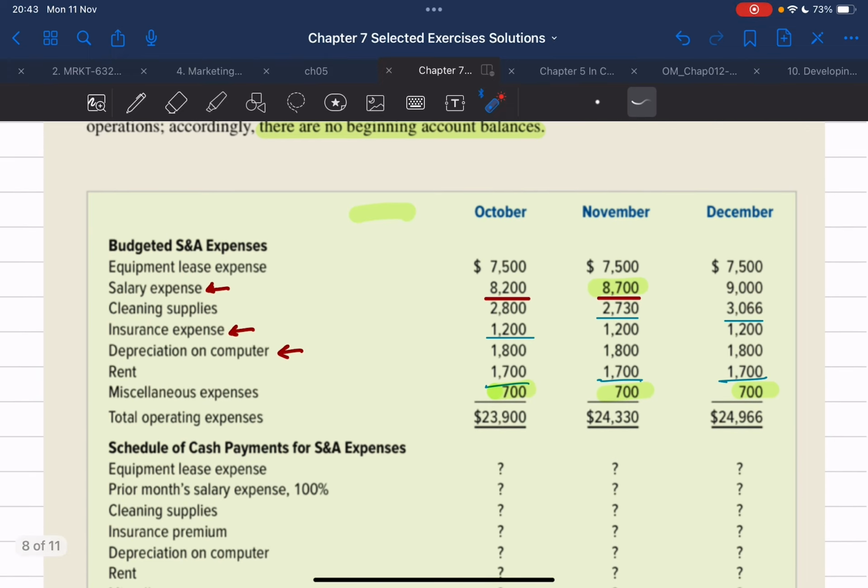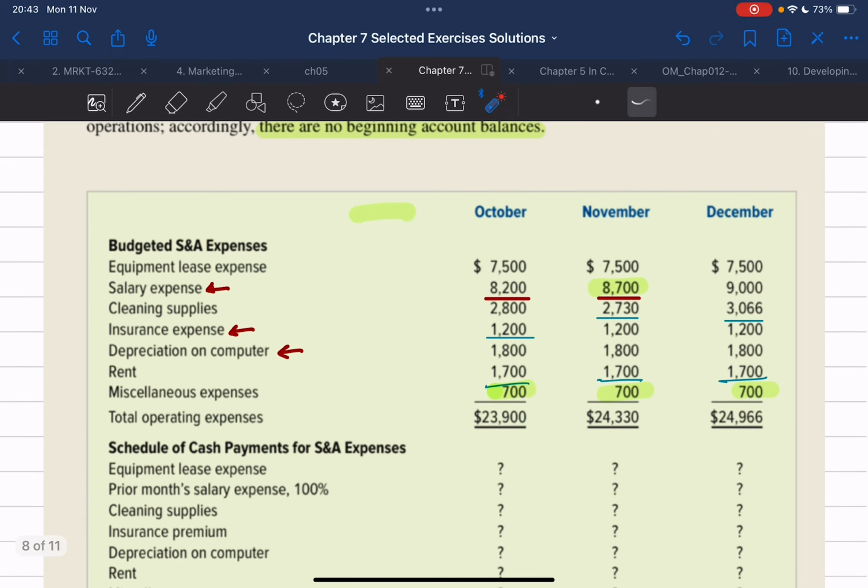So what will be remaining at the end of the quarter? It's going to be the salary expense of December, the last month in the quarter. This is going to be paid out in the following month, which is going to be the beginning of the first quarter of the following year, so in January, right?